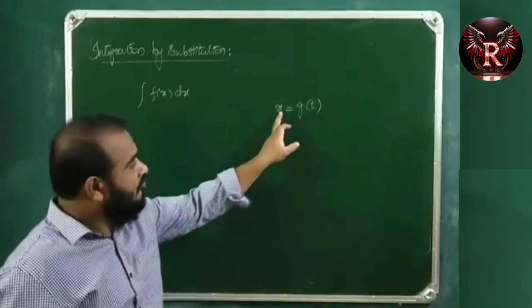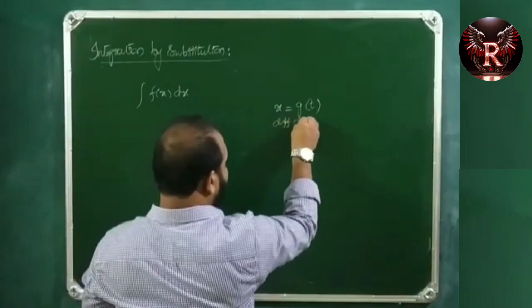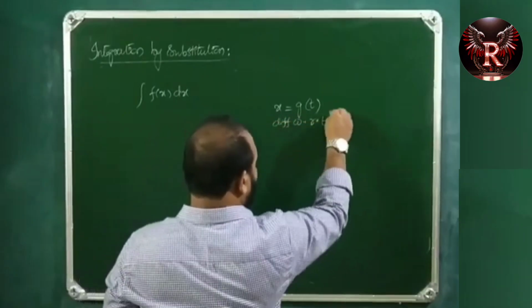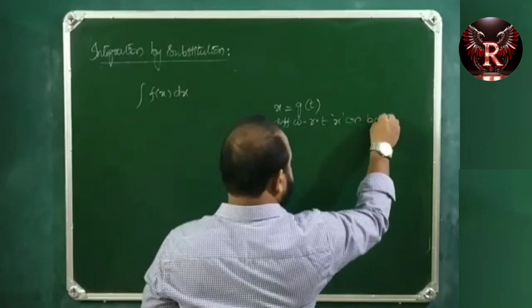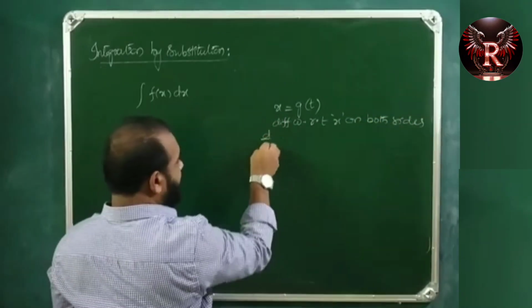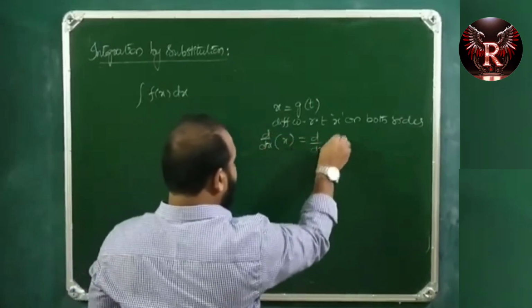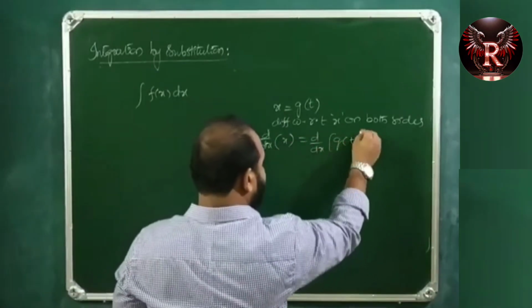So differentiating with respect to x on both sides, d by dx of x is equal to d by dx of g of t.